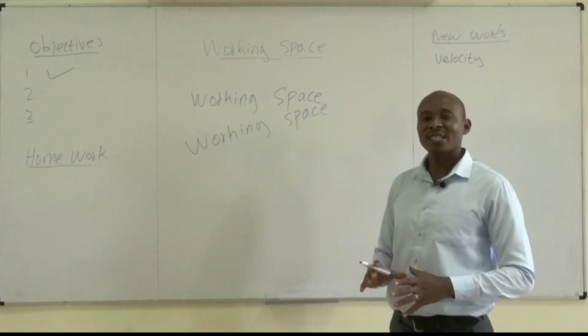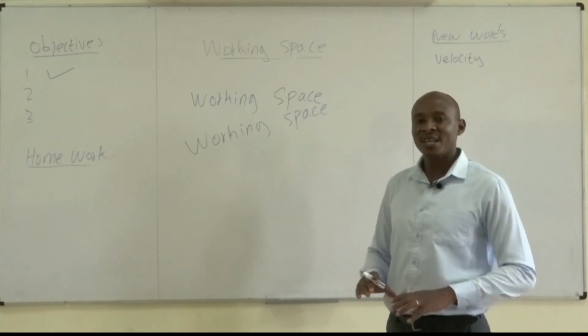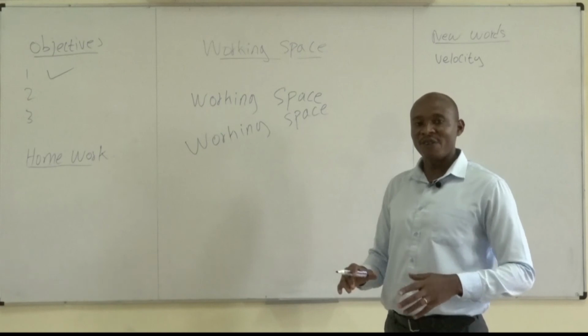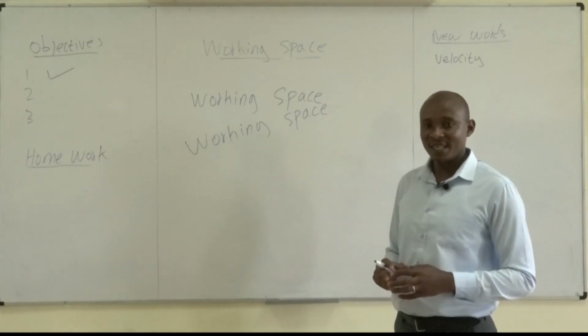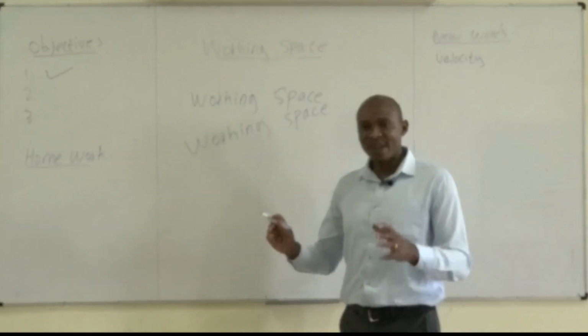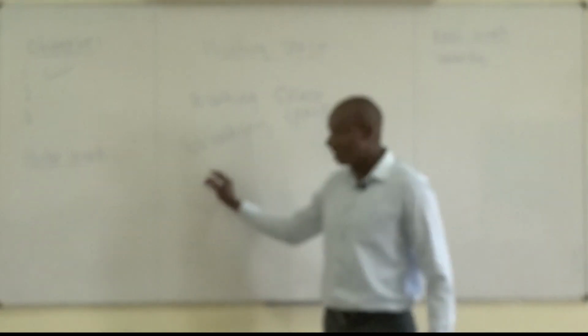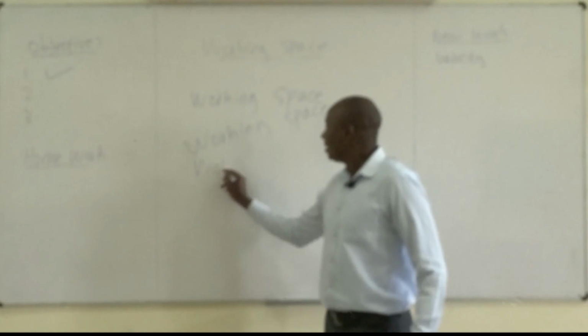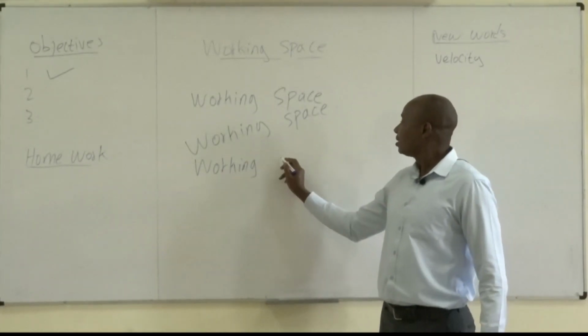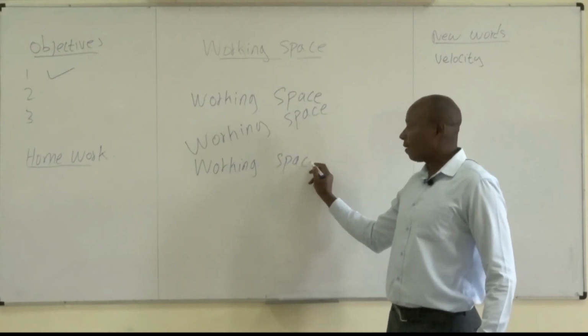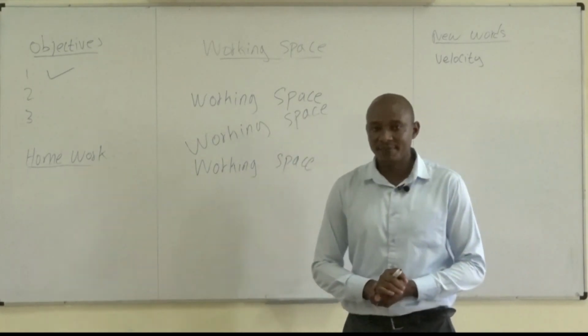We want to focus all the energies of the student towards acquisition of knowledge and not trying to figure out what you have written on the board. So always try to write horizontally like this. Working space. Working space.